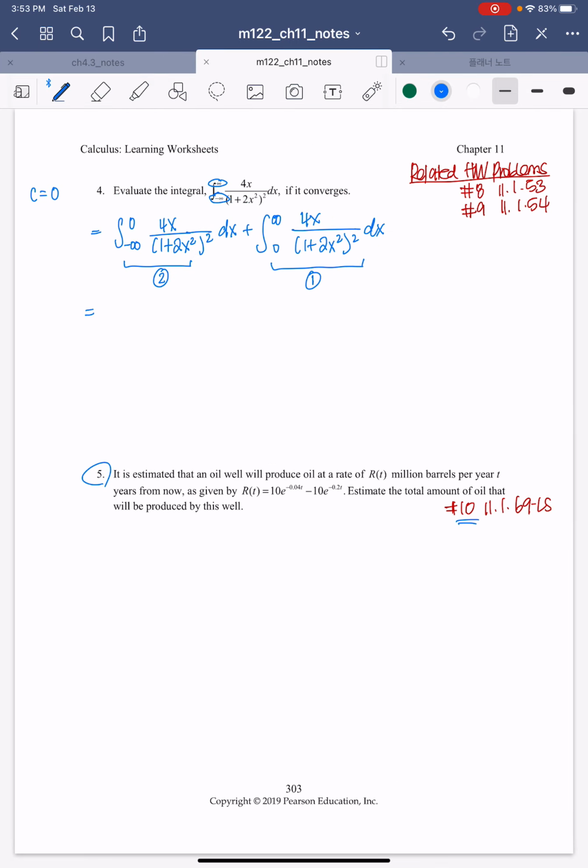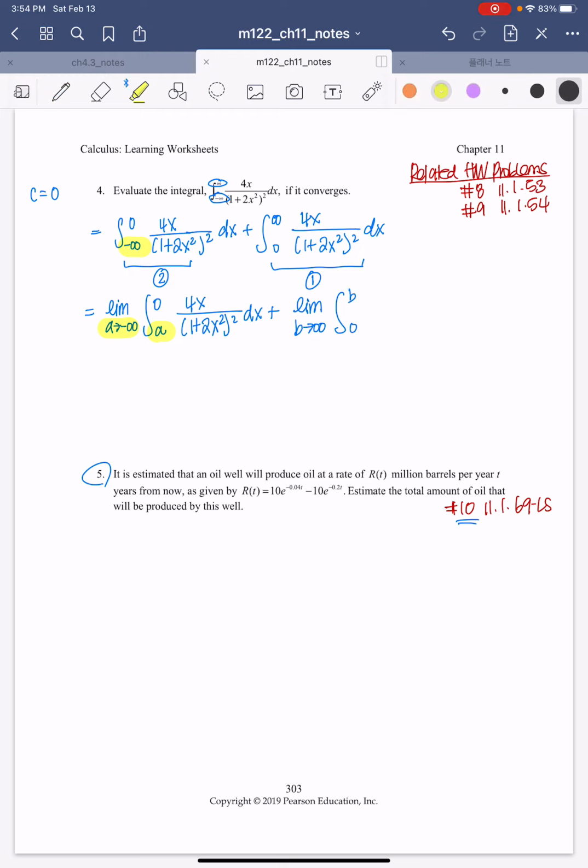So this changes to limit as a goes to negative infinity, integral from a to 0. So this part is the modification of 4x over 1 plus 2x squared dx plus, we have same thing, limit as b goes to infinity, integral from 0 to b.